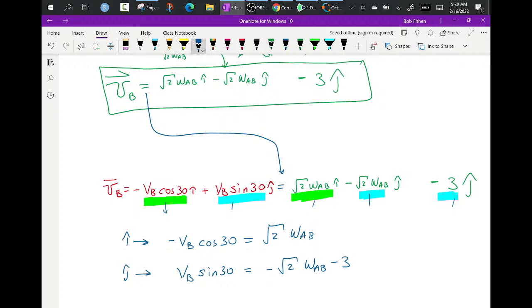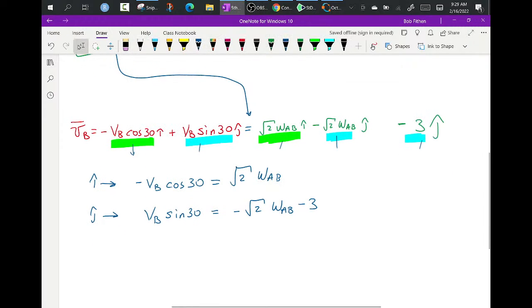So now I'm sort of stuck. And the way I'm stuck is I've got to move something to the other side. So what I'm going to do, I'm going to have it equal here. The minus, move this to the other side, so it becomes a plus.